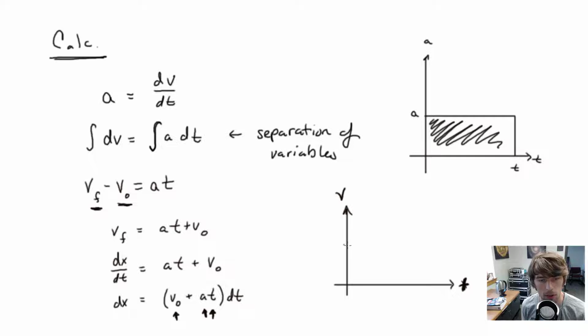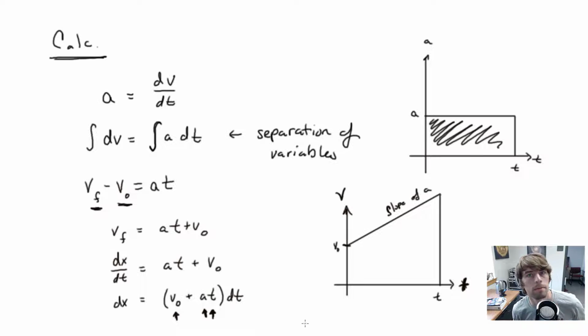So this would look like v naught, and then some sort of line that has a slope of a. There's some final time, call that t. Good?